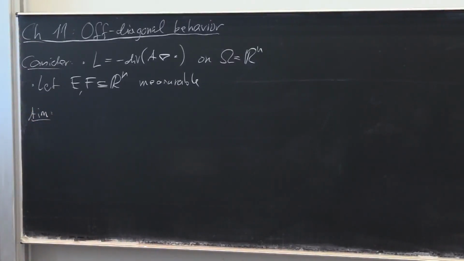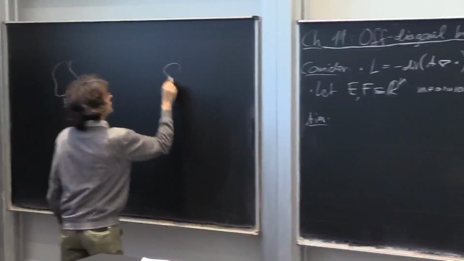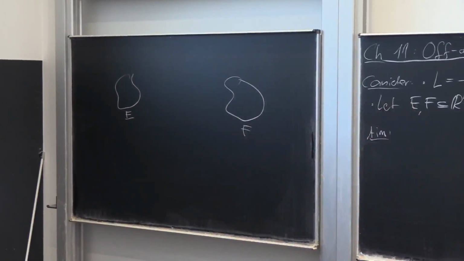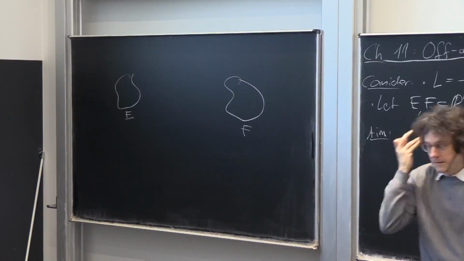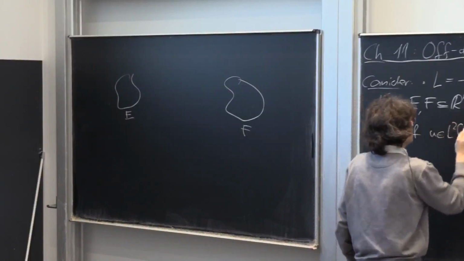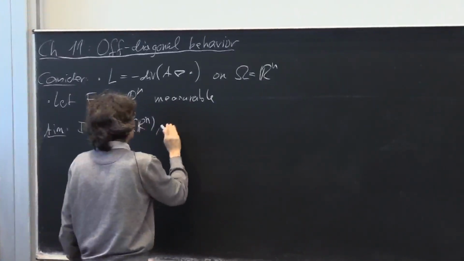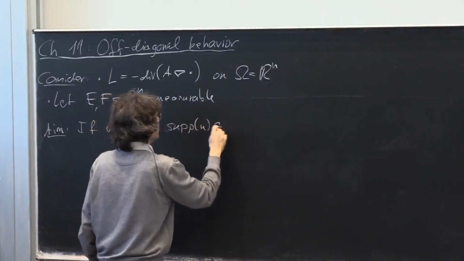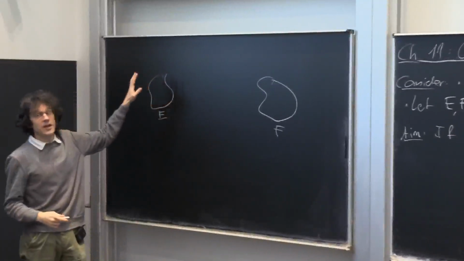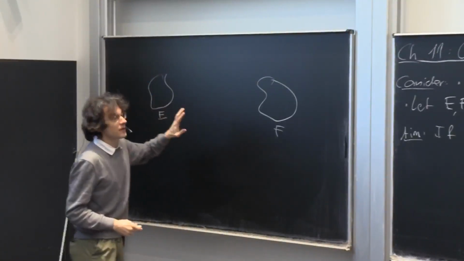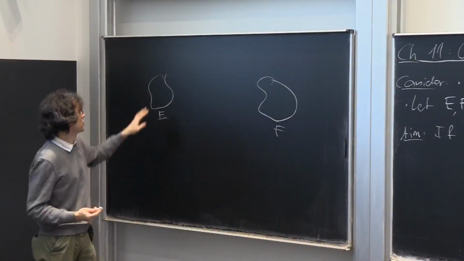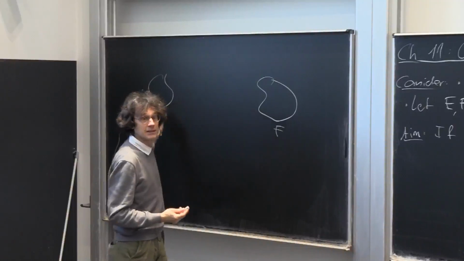There is a set E somewhere, and somewhere else there's a set F. Everything we will do is of no interest if F intersects E. The aim is, if you have a function u in R^n that is supported inside the set E, so a function whose support is only here, and you now apply the operator L and look at the function on F, you will evidently find 0, because L is a differential operator, so it's a local operator. If you differentiate something that has support only here, you get 0 everywhere else.